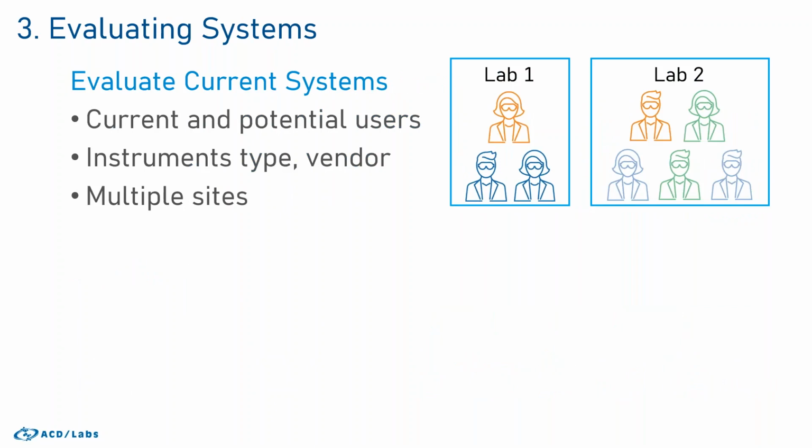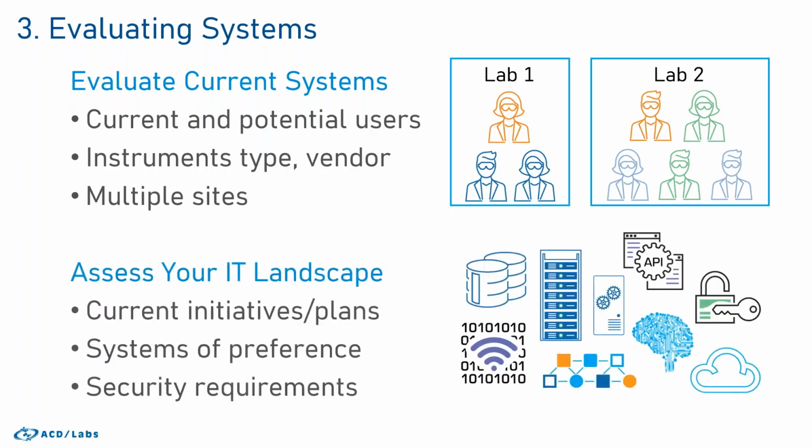Evaluating systems. Again, evaluate current systems, current users, potential users in the future, types of instruments, the vendor, the data formats, the acquisition software, how many sites are going to be required. But in this case, elaborate and talk about what your IT landscape is going to be like. Are there any current initiatives in place that the IT department is undergoing?